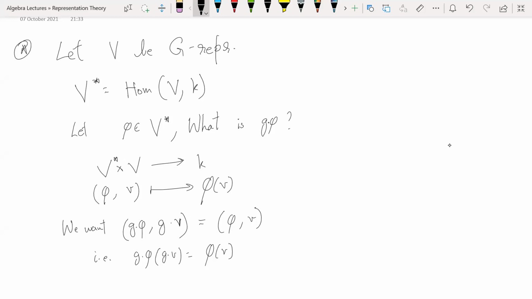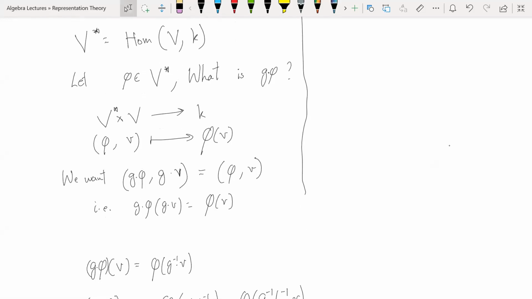There is an exercise which I'll give, where you can verify that if you use the function interpretation, then the action is G phi of V is phi of G inverse V.